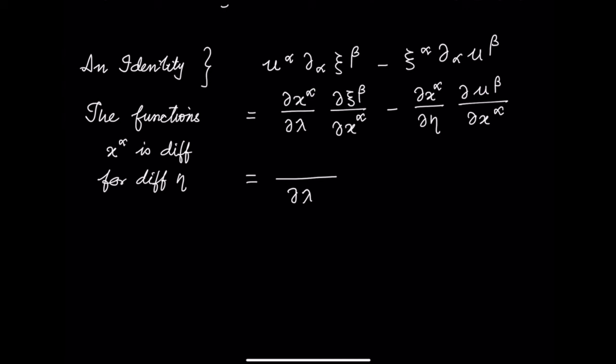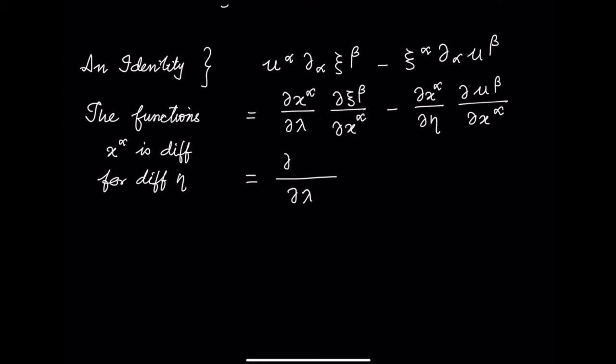So this is del x alpha del x alpha. So if I use the partial derivative sum rule, then this is derivative of xi beta with respect to del lambda.